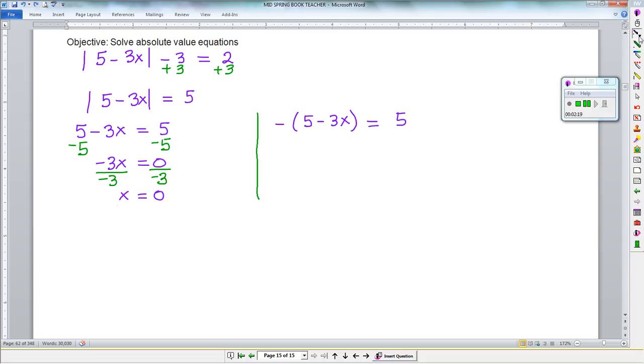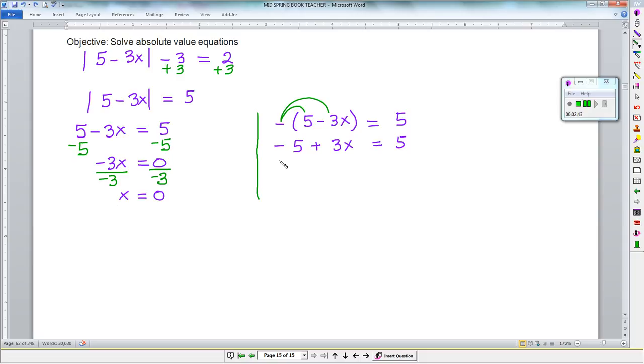So let's go to the negative one. The first step is to distribute negative 1 with the two terms inside the parentheses. So we have negative 5 plus 3x equals 5.